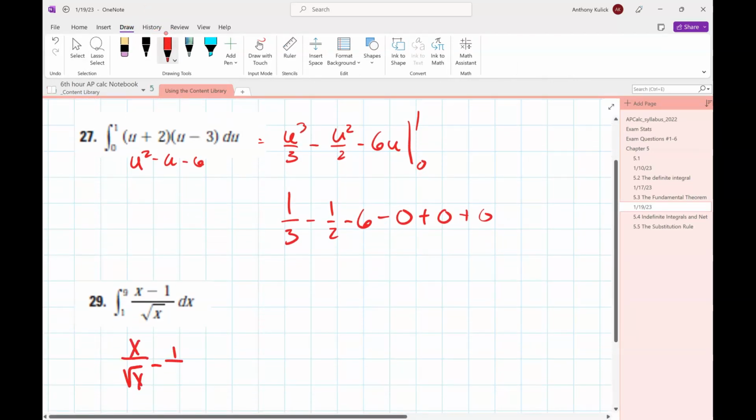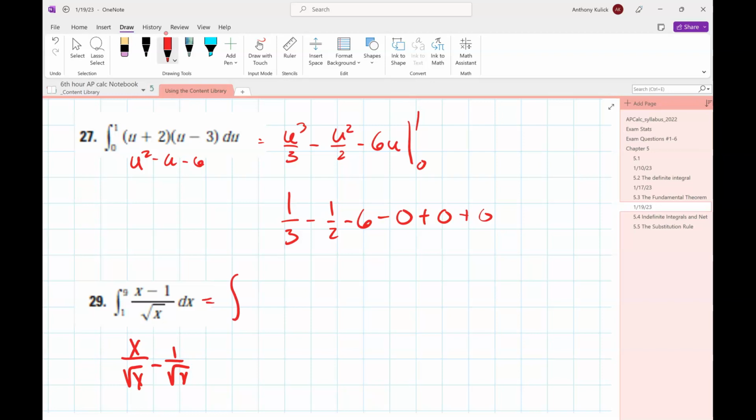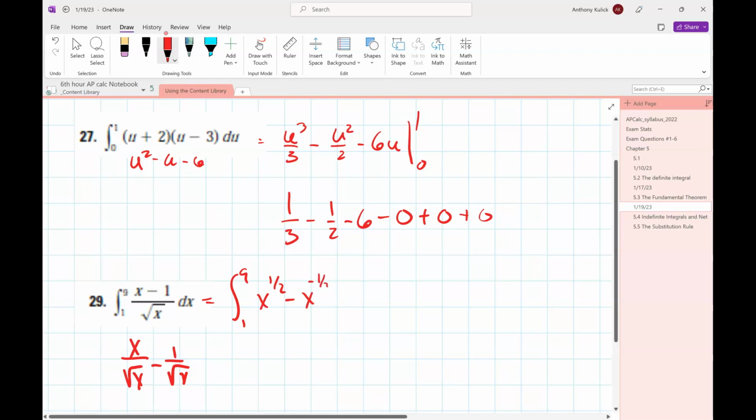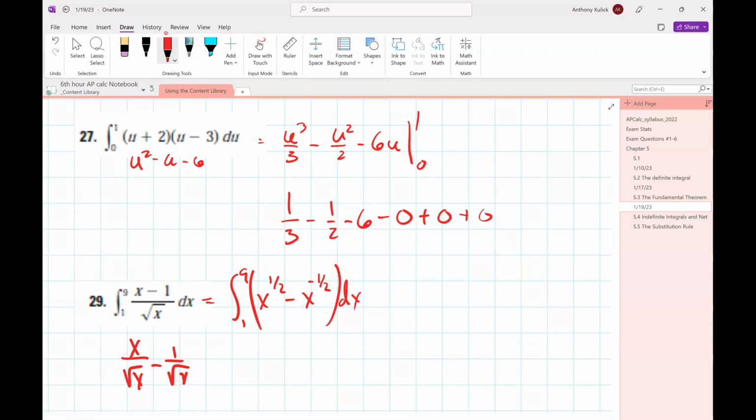Well, I'm going to think about it as two separate fractions. So that becomes that. And then now I'm ready to antidifferentiate.